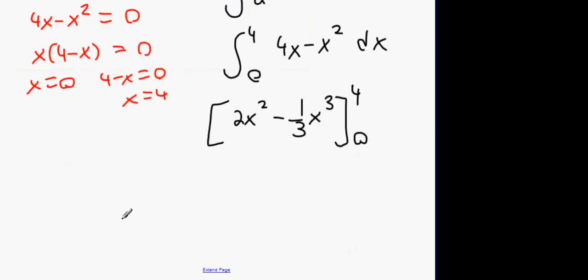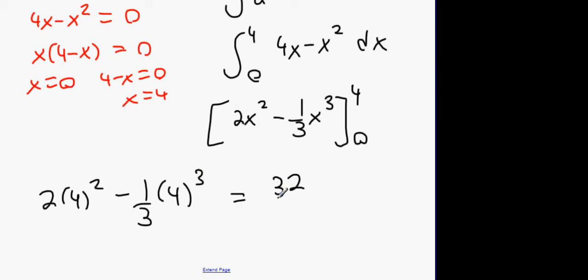So once again, the second one comes here: 2 times 4 squared minus a third times 4 cubed, and when you put that into the calculator, I believe it should become 32 over 3. Okay, so that's question 6 done.